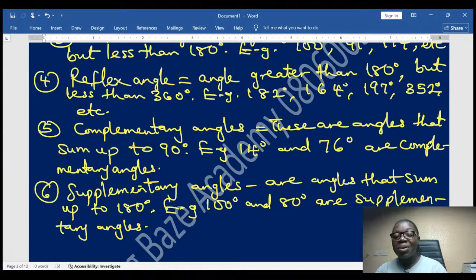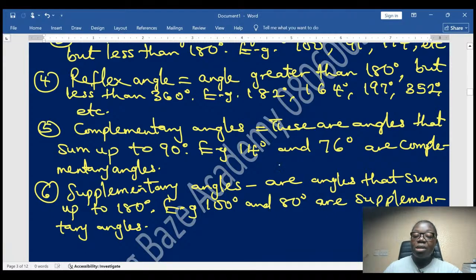Okay, so I'll be asking you questions, but before I do, I want to repeat all that I said. I spoke about right angle. A right angle is an angle that is equal to 90 degrees.